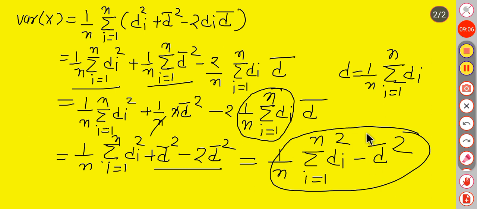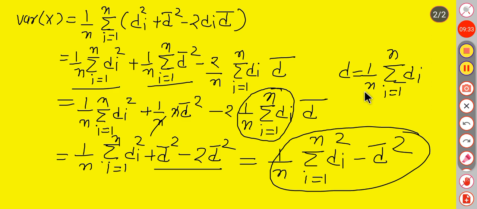So this is the shortcut method, where you deviate, or subtract, an assumed mean. Assumed mean means a value you are subtracting from each observation, and you know that if the mean is deviated from the observations, this is the minimum.